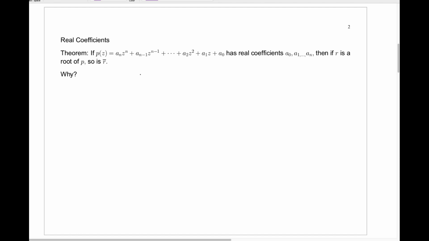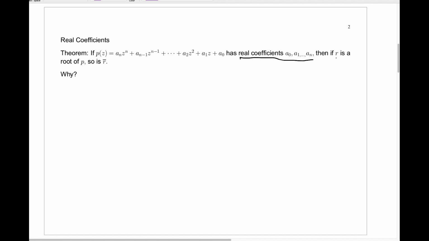What I want to talk about is a very special situation now, and this will be relevant to us when we're solving real differential equations. If we have a polynomial, and we're still thinking of this as a polynomial over the complex numbers, so z can be a complex number, but these coefficients happen to all be real numbers, so a_0 through a_n are all real numbers, so it's a special complex polynomial which just happens to have real coefficients, then there's a very special property that happens with the roots.